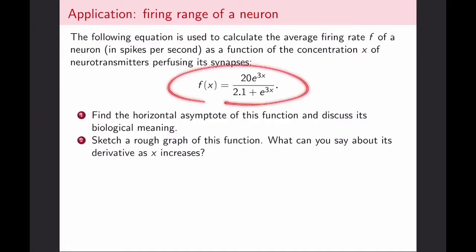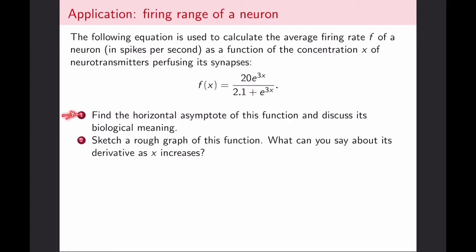Okay, so this is the function, and of course, as you can see, it involves exponential functions here. Remember that x is the concentration, so it's got to be positive, and the overall outcome is going to be the spikes per second firing rate of a neuron. Let's take a look at the questions that are associated with it.